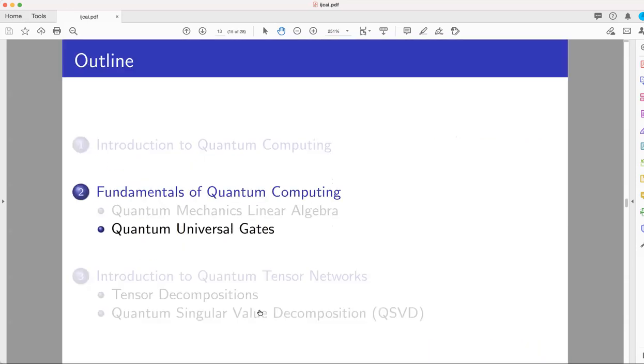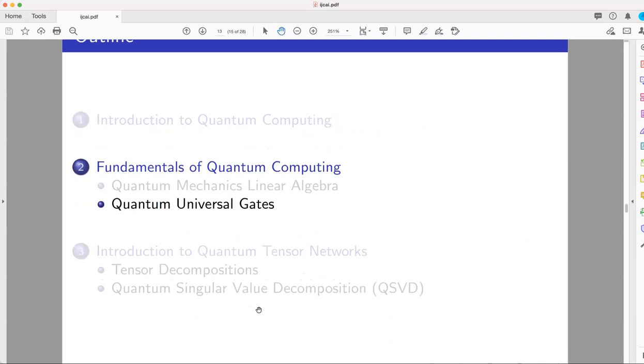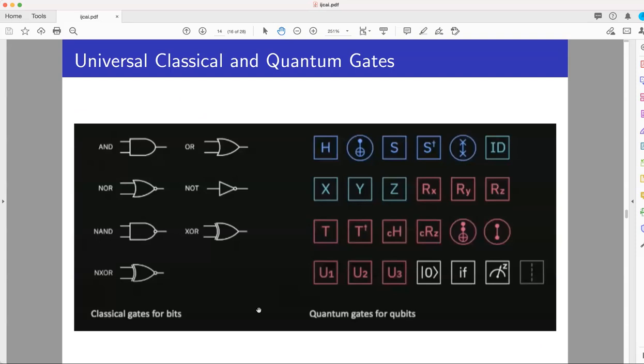Okay, the second important issue is about quantum universal gates. So there's a comparison between the universal classical and the universal quantum gates. For the classical universal gates, there are about 7 universal gates, such as the AND gate, OR gate, NOT gate, NOR gate. So there are as many as 7 different classical universal gates.